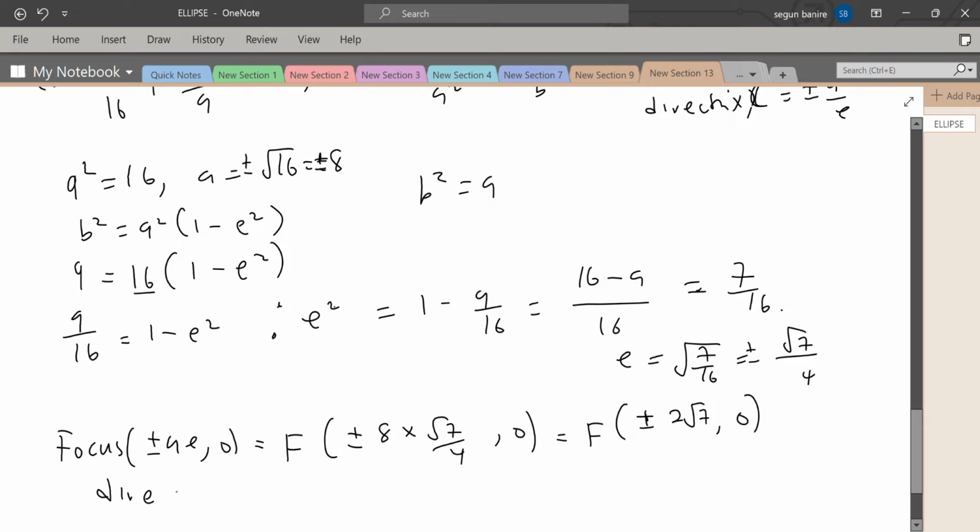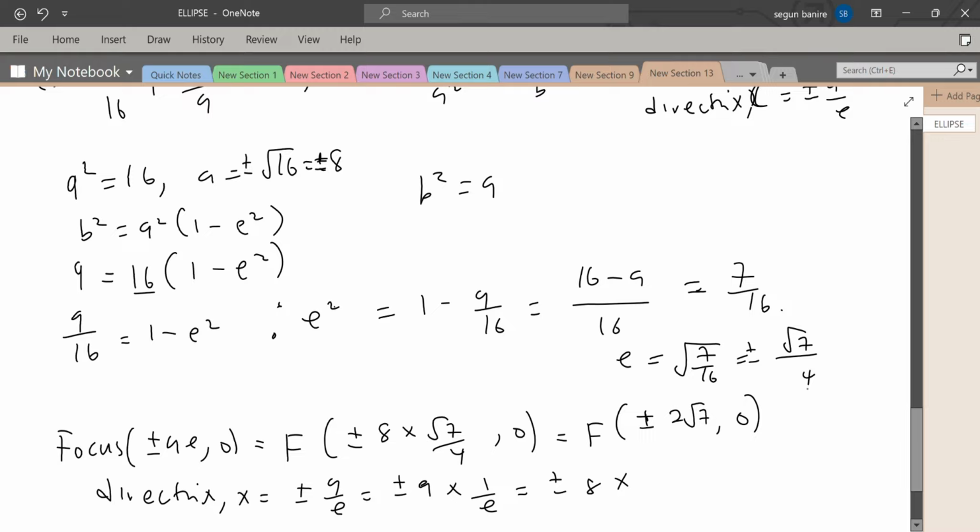What about our directrix? Our directrix is x equals plus or minus a over e. So we can also rewrite this as this. Very important. Anyhow, what is a? A is 4.